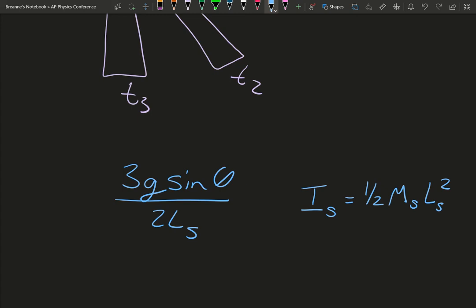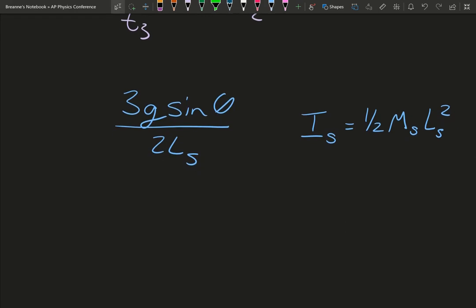Basically what that is saying is you're trying to prove that alpha equals that. So you're trying to basically prove this. This is your answer. Try to get the answer to that.